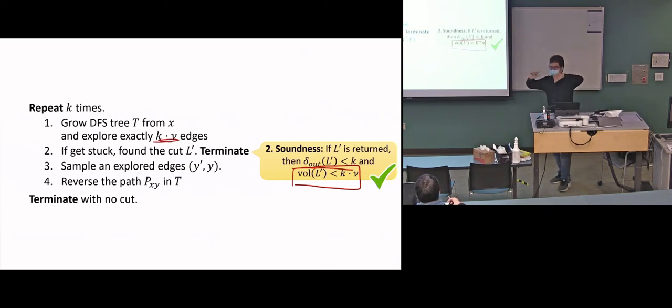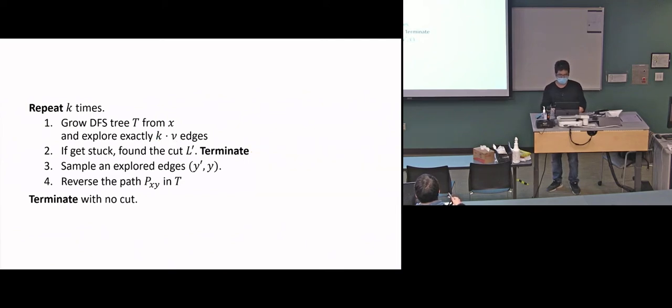Although the direction of edges changes, it's the same volume. I forgot to say that the volume counts all edges incident to the set, both in and out edges.